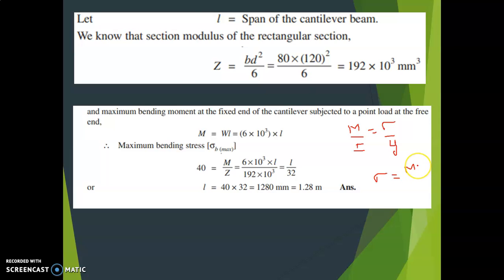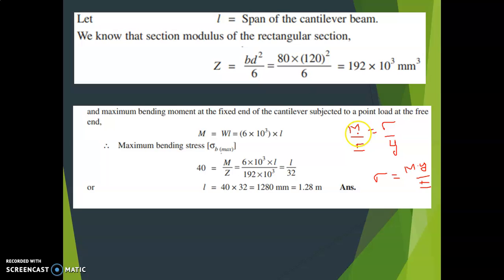Sigma is equal to M into y divided by I, correct, no?